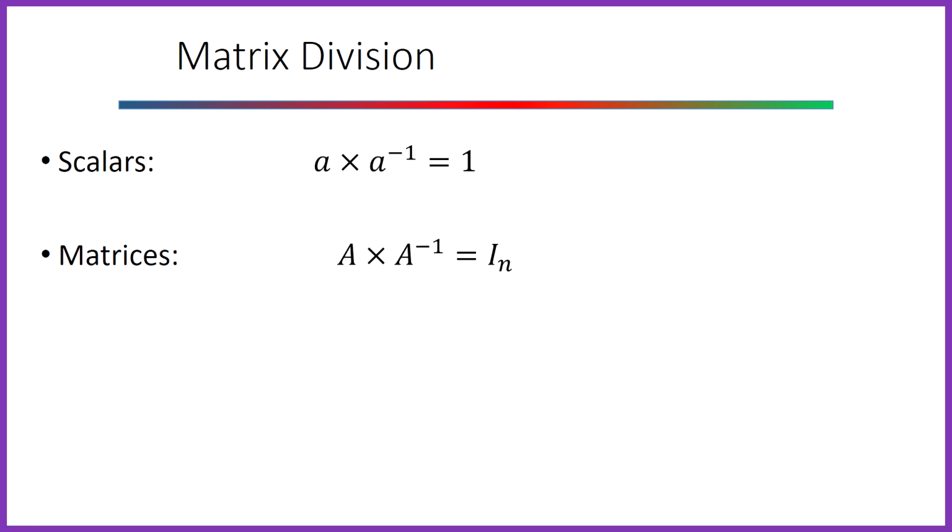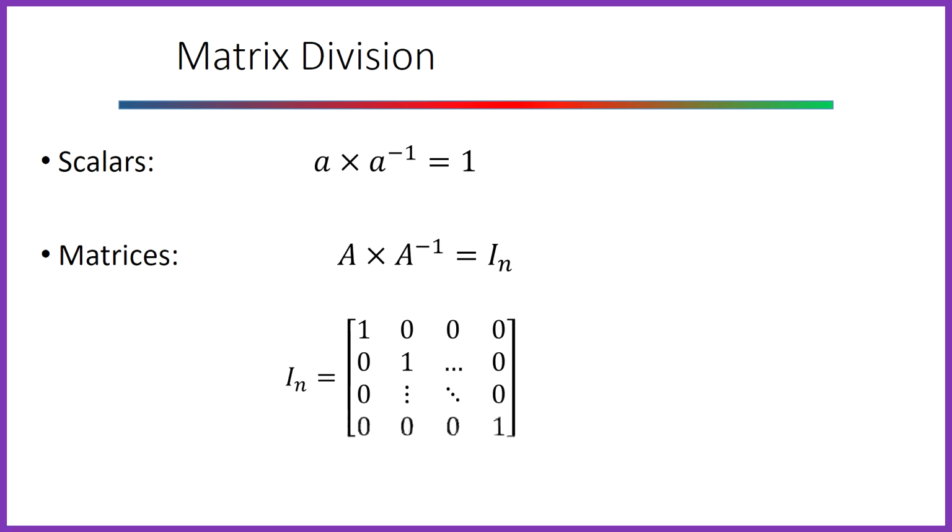If you remember back to Toolbox 1.2, the identity matrix is a square matrix with 1s along the diagonal. The identity matrix also has the property that if you multiply it by an appropriately sized matrix, you get the same matrix back. Okay, so this has the potential to work.